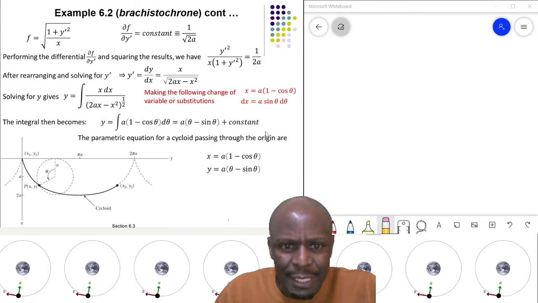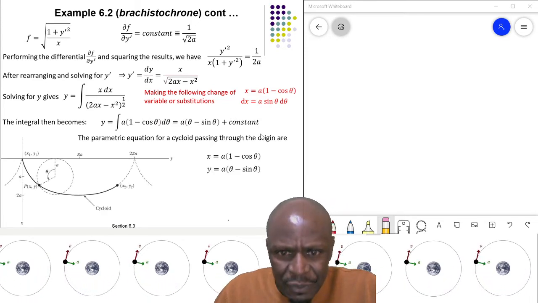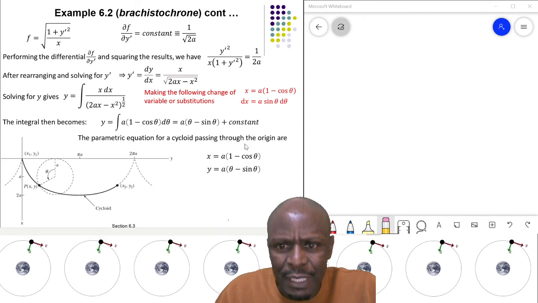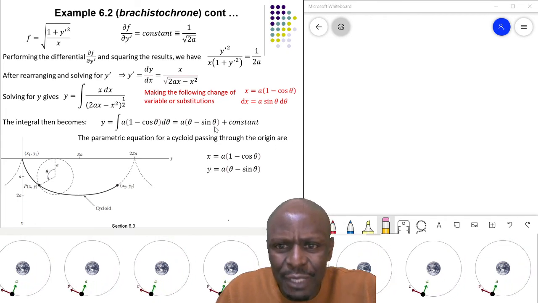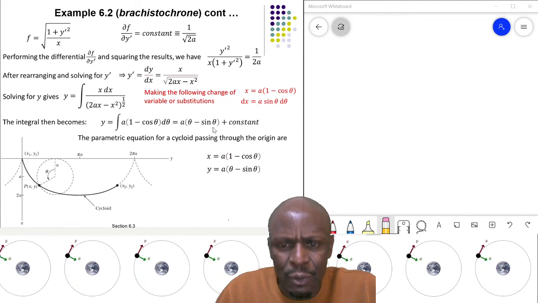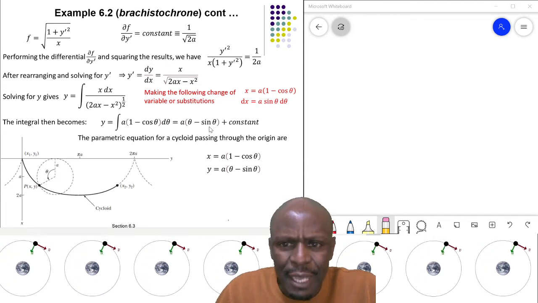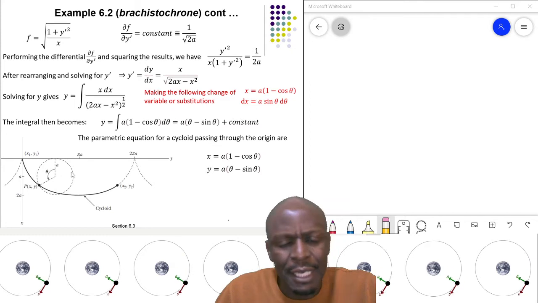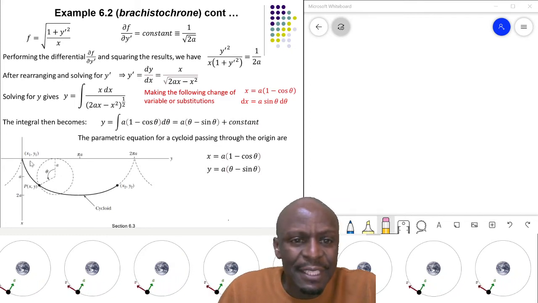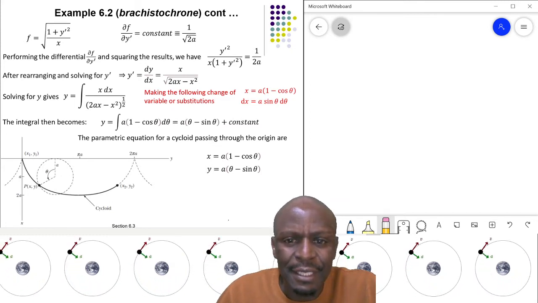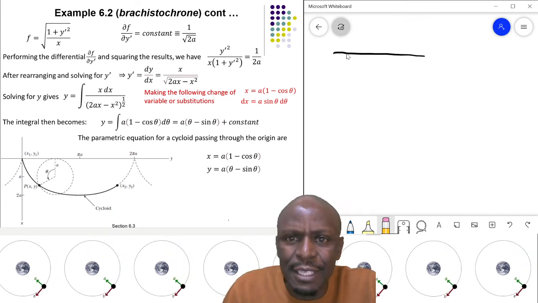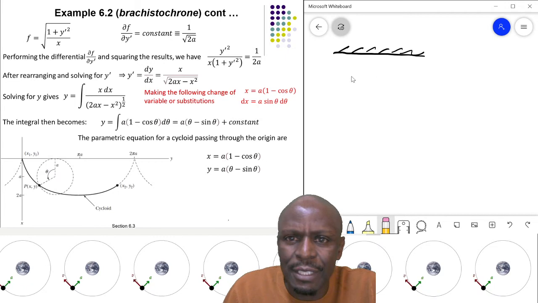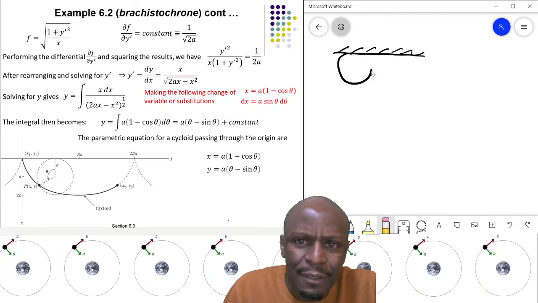Now from this, we get the parametric equation of a cycloid passing through the origin. So this is just the equation of a cycloid. And a cycloid can actually be pictured by considering a disc which is rolling on the ceiling. Say you have a ceiling here, and you have a disc.